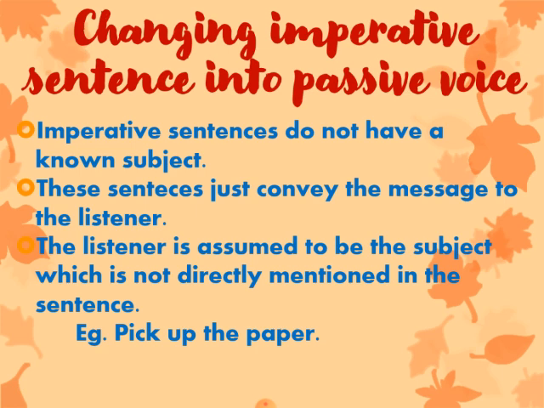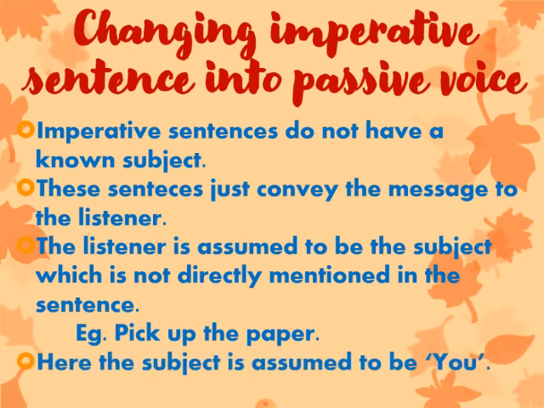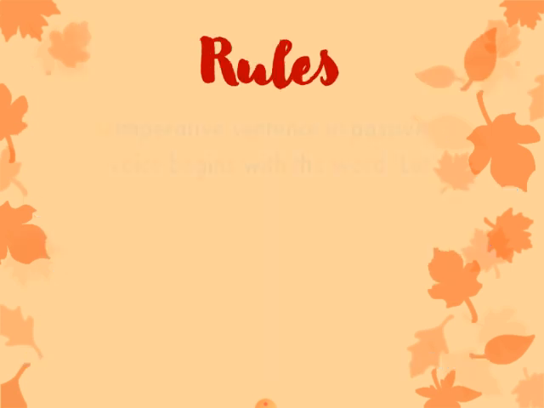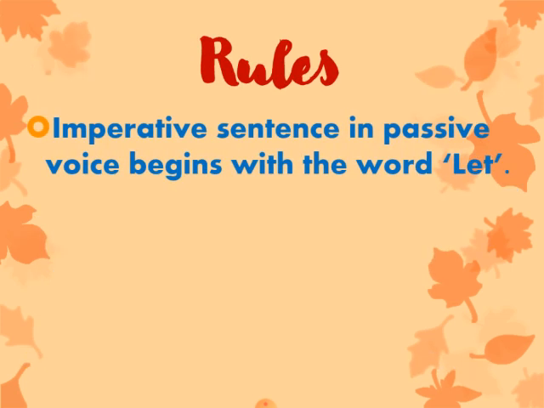So, for example, pick up the paper. This is a command given to somebody. So, we assume the subject to be you. You pick up the paper. So the rules of converting an active voice into passive voice: you have to add let in the beginning of the sentence.